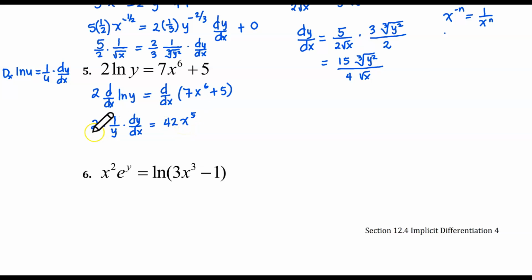So therefore, to solve for dy dx, you just need to cancel this expression here. That expression is 2 over y. So that means you're just going to multiply both sides by the reciprocal of 2 over y. That means you multiply both sides here by y over 2. And you do the same thing here.